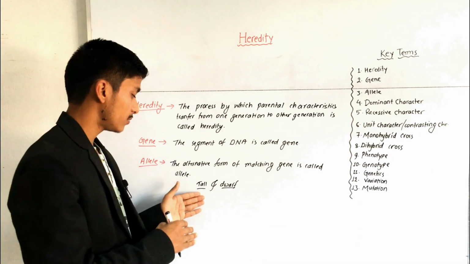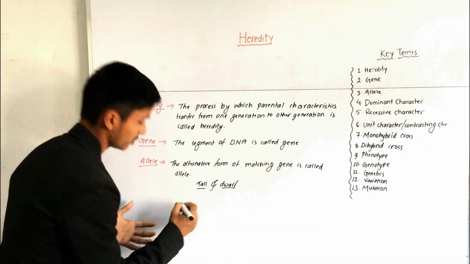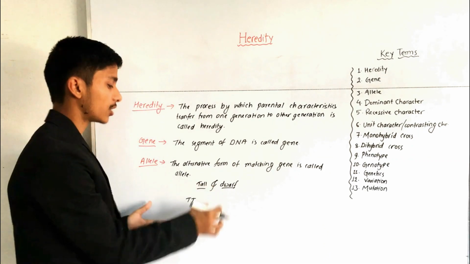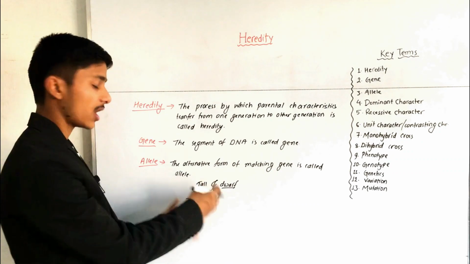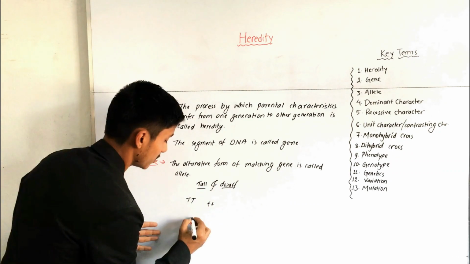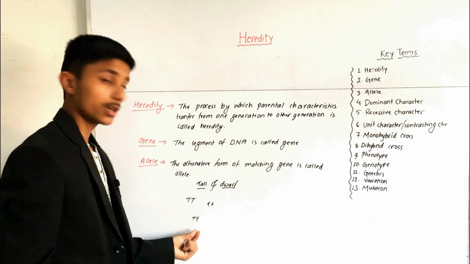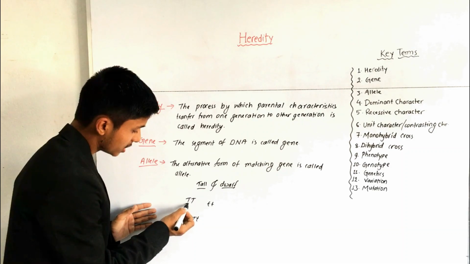Here capital T means tall and small t means dwarf. Capital T, small t. Capital T means one tall, small t one dwarf. This single one is called an allele.